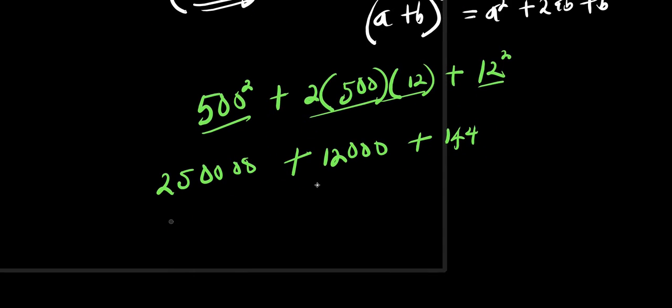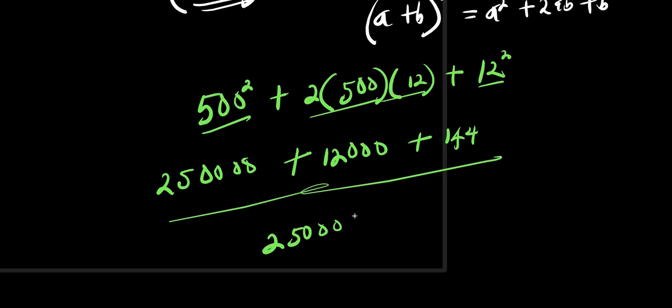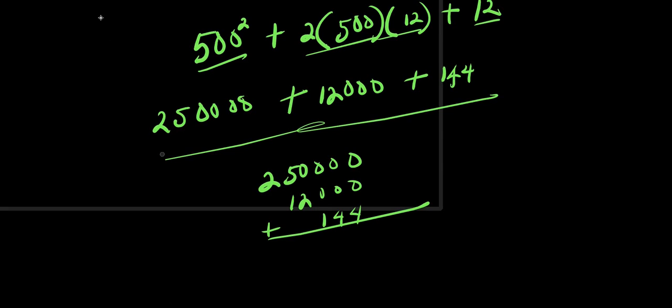So we are going to add this together. We have 250,000 plus 12,000 plus 144. So let's add everything together. So this will give us 4. This is 4. This is 1. 0 plus 2, 2. 5 plus 1, 6.